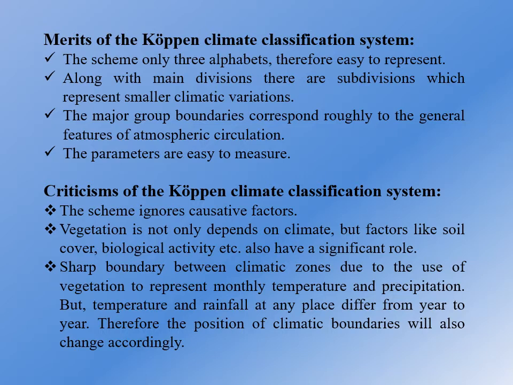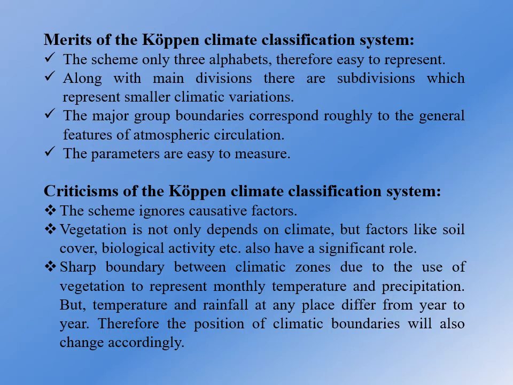Firstly, if we look at the merits of the Köppen scheme, the scheme only uses alphabets to represent the types. So instead of using a large complex sentence or a large name, using alphabets makes it easy to represent, along with the main divisions, which are the main 6 types of divisions of the climate system.